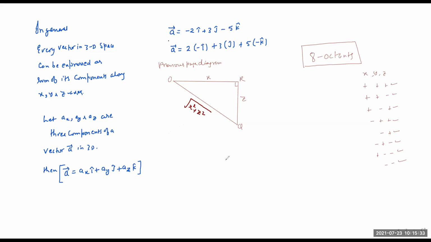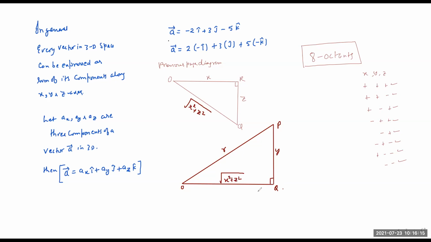Now, if you know this answer, look at the new triangle. This triangle you should visualize more often than ever. So if I draw a triangle like this, this is my R, this is OQ, which you got the answer, and this is P. So QP is Y, and we know OQ is under root of x square plus z square.